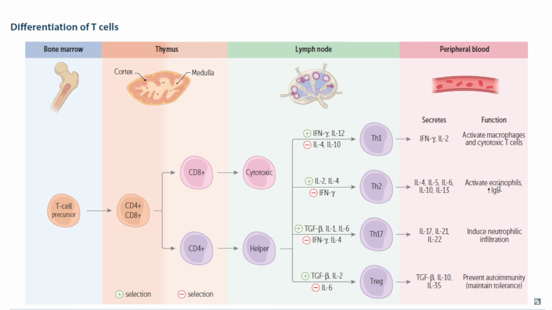So in all kinds of allergic processes, this is by the effect of Th2, because they activate eosinophils and interleukin E. Remember, they are elevated in allergic processes and type 1 allergic reactions. Th17, by the effect of interleukin 17, 21 and 22, induce neutrophilic infiltration.